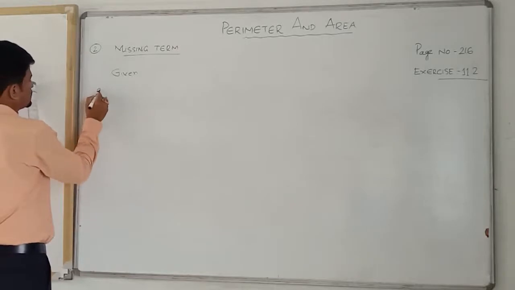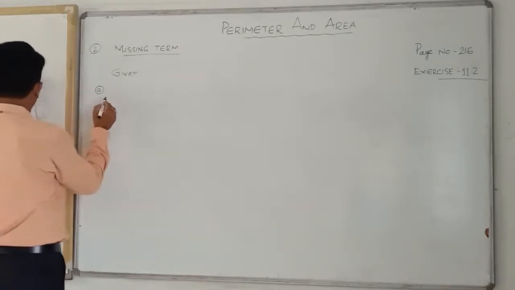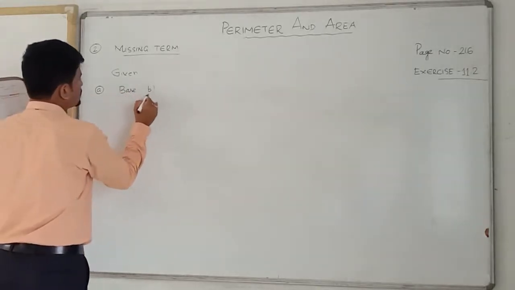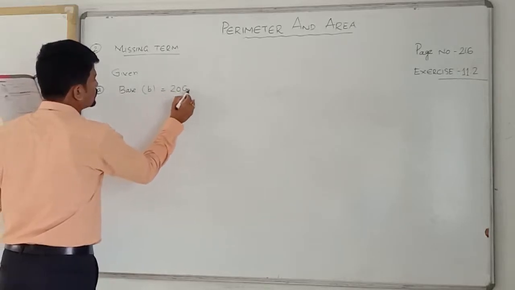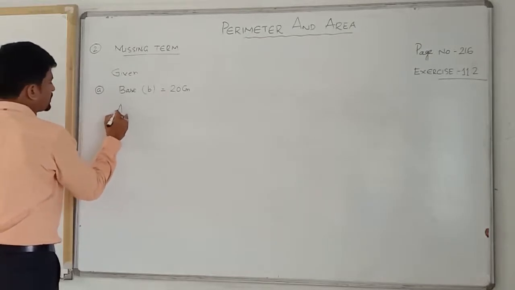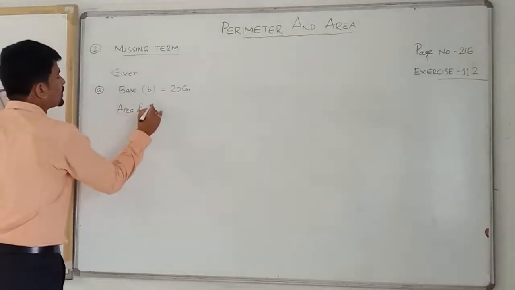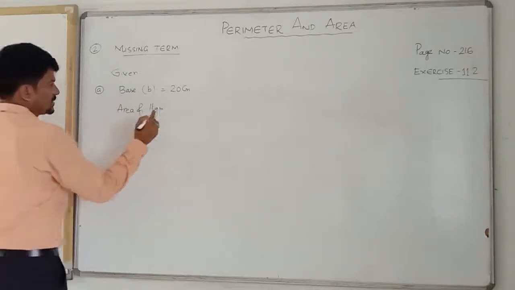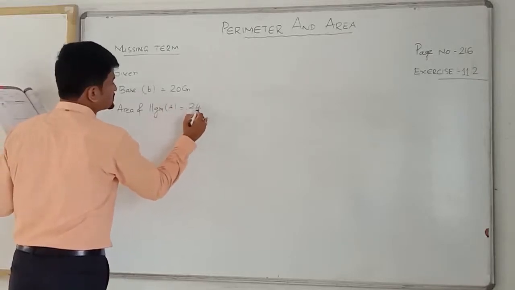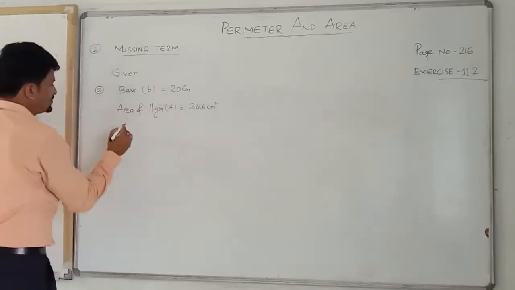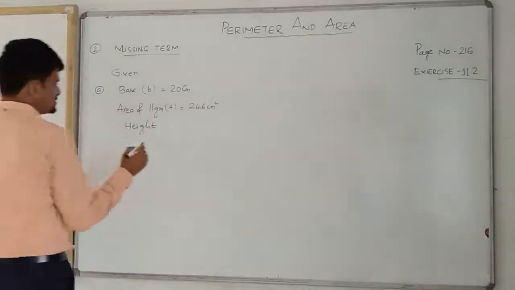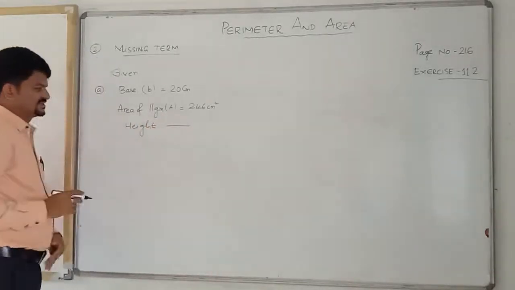First question I am solving. Base is equal to 20 centimeters and area of parallelogram, this is the symbol for parallelogram, A is equal to 246 centimeters square, and the missing term is the height. Height is missing. Okay.